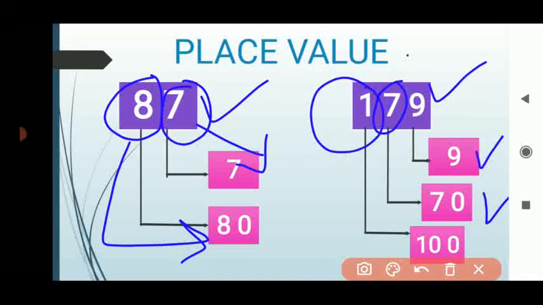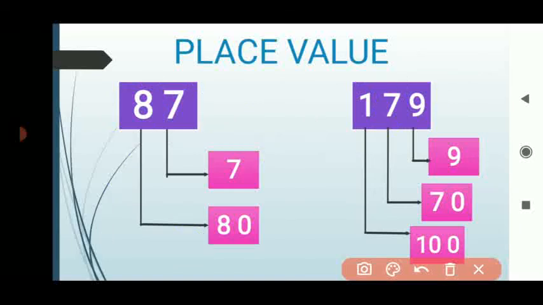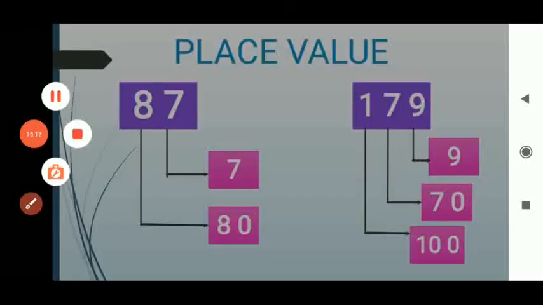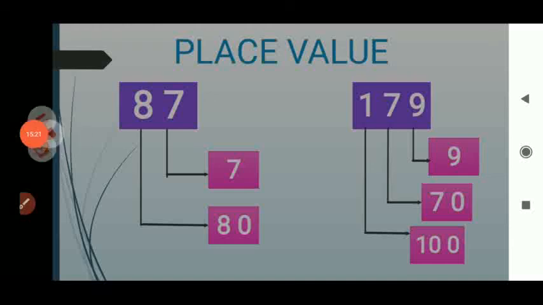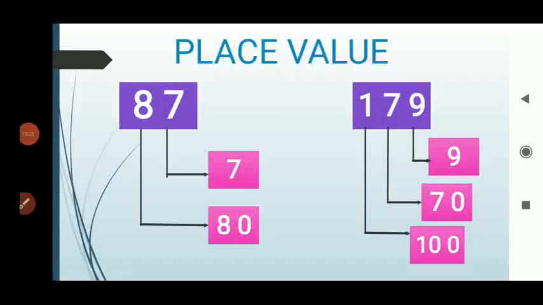And the place value of 1 will be 100 as it is at the hundreds place. So children, I hope you have understood how to represent this place value in a graphical way. Right? You can show this place value in this way.